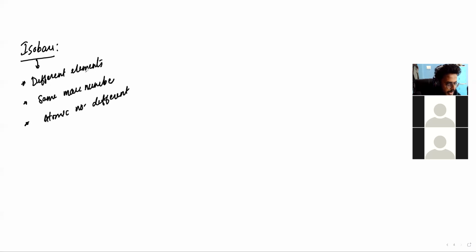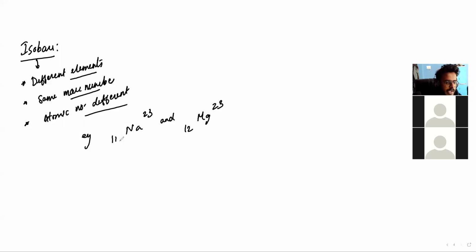So these are atoms of different elements that have the same mass number but different atomic number. So we have example 11Na23. Yeah, 11Na23 and 12Mg23.